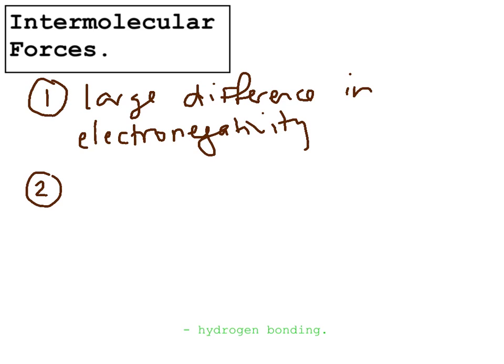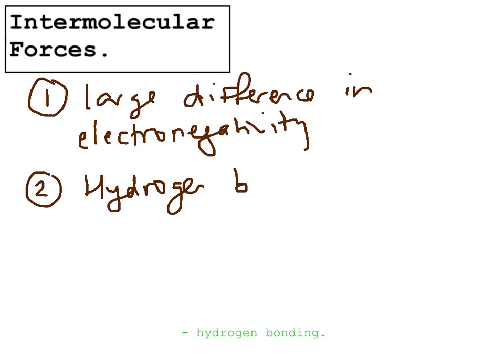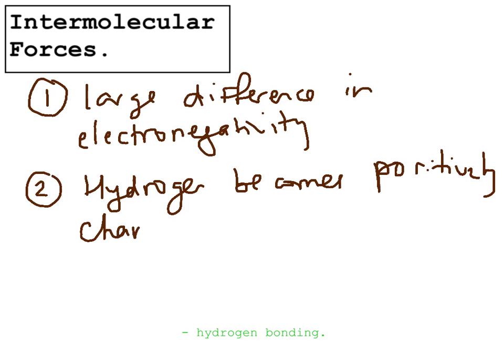The second point is that this large difference in electronegativity causes the hydrogen to become positively charged. So hydrogen becomes positively charged, and then finally you've got to say what that positive charge is then attracted towards, and it's attracted to a lone pair on another molecule.